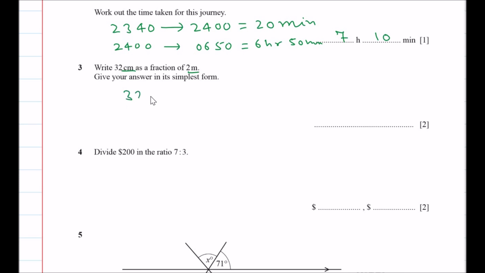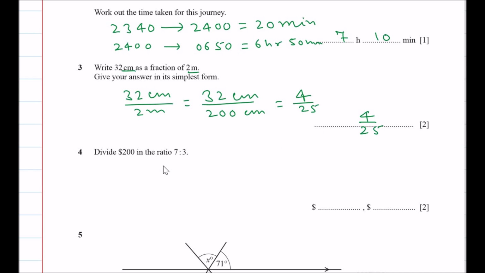So 32 centimeters by 2 meters can be written as 32 centimeters divided by 200 centimeters, because 100 centimeters equal 1 meter. So 2 meters equal 200 centimeters. Now if you simplify this, we get 4 by 25. So 4 by 25 is your final answer.